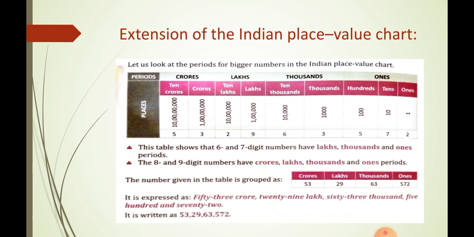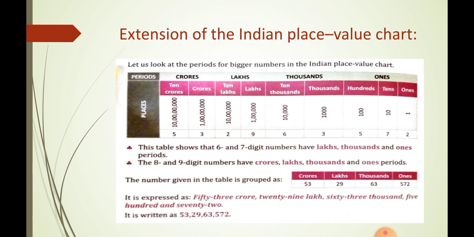So, this table shows that 6 and 7 digit numbers have lakhs, thousands and ones periods. Then the 8 and 9 digit numbers have crores, lakhs, thousands and ones periods.